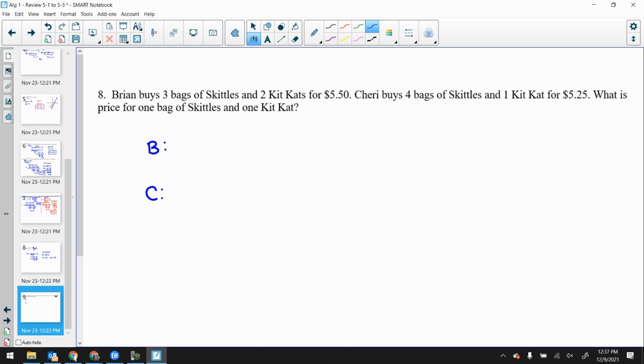Brian buys 3 bags of Skittles and 2 Kit Kats for $5.50. Okay, so that's an easy equation to put together. 3x plus 2y is $5.50. Sherry buys 4 bags of Skittles, but only 1 Kit Kat for $5.25. 4x plus 1y, or just y, is $5.25.